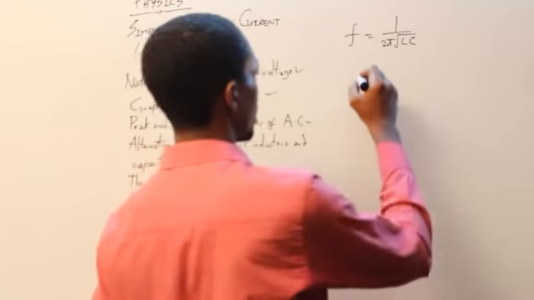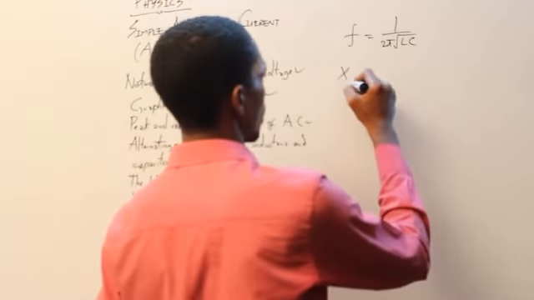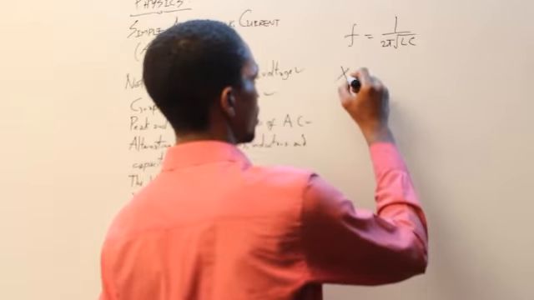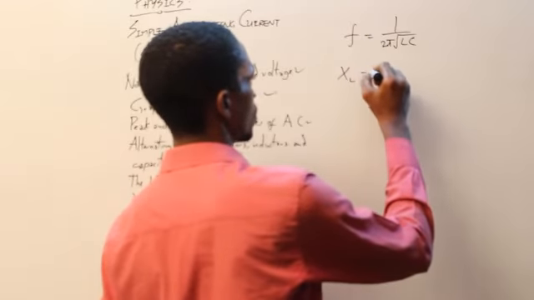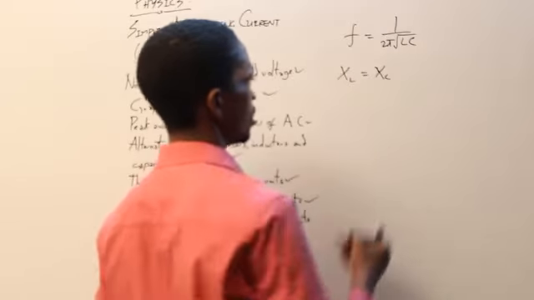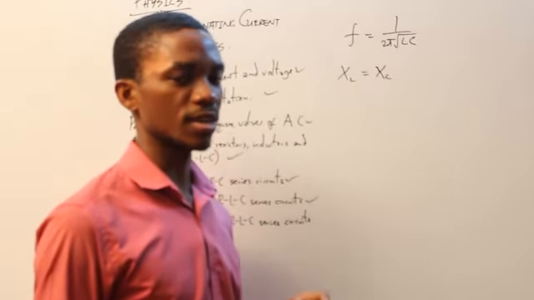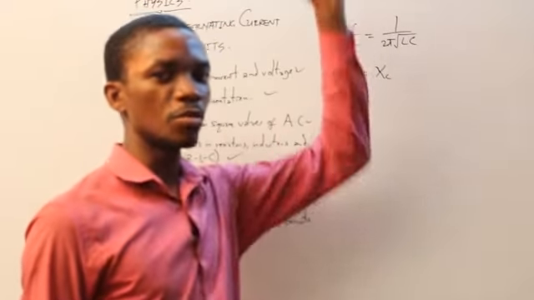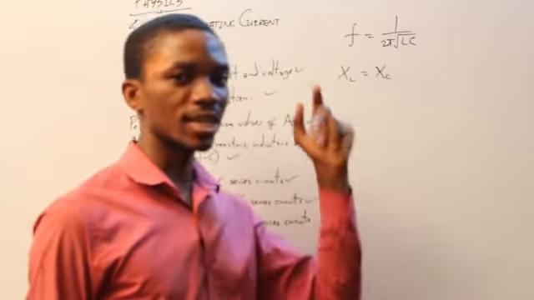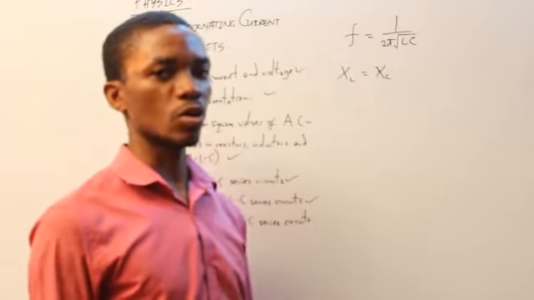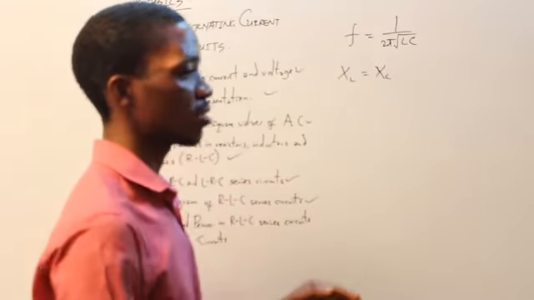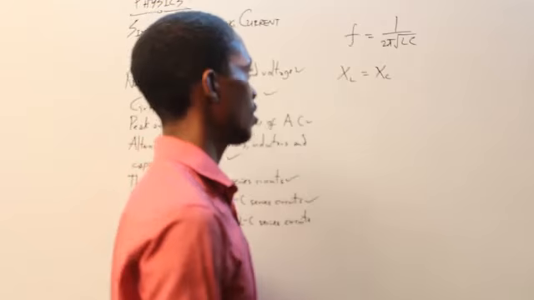We know that at resonance XL equals XC. So that's the way they can cancel out each other's effect. The effect that's moving vertically, that's up or downward, will be equal to 0. So they must be equal to each other for them to cancel out each other's effect.